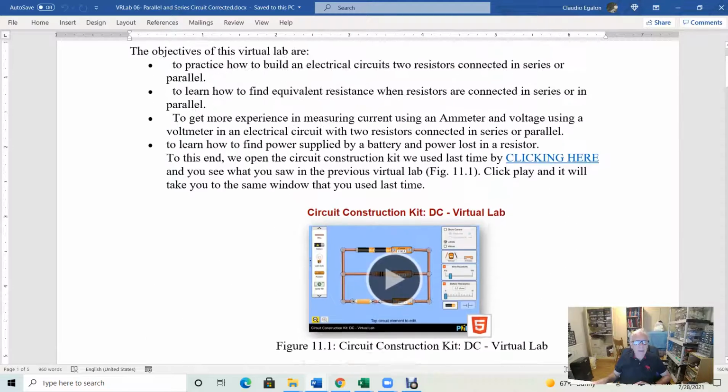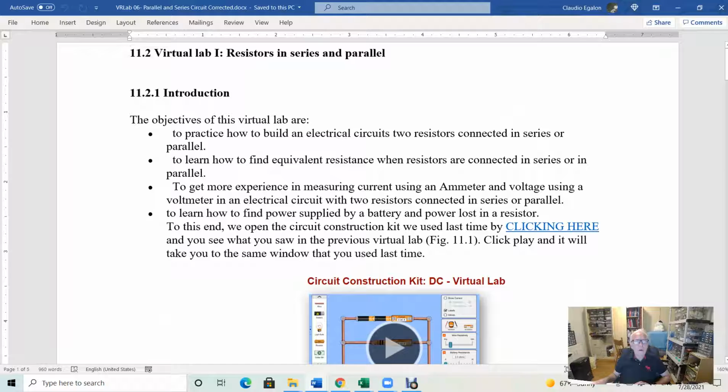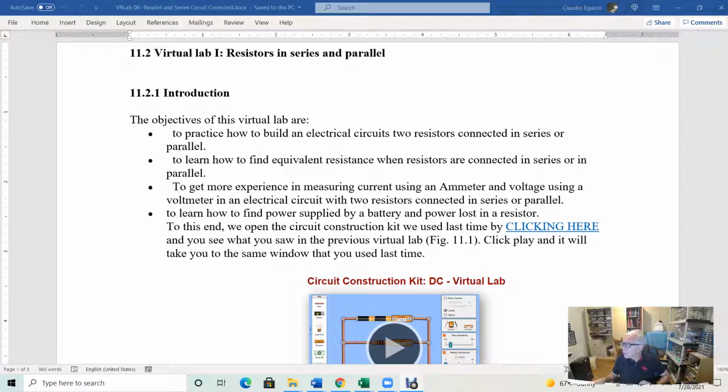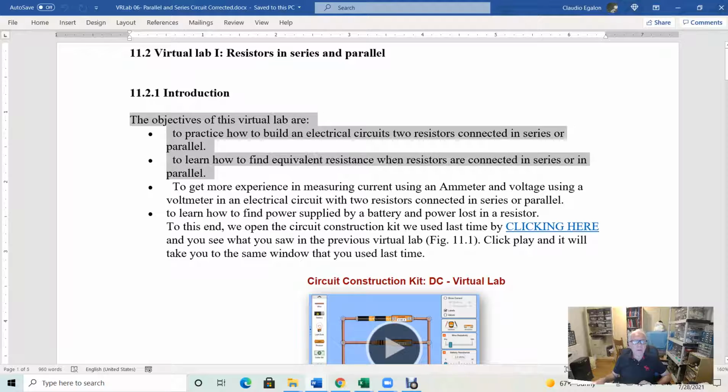You already know more or less what happens when we put a circuit together. So I'm going to make a demonstration of how to do that. Here you go. The objectives of this virtual lab are to practice how to build electric circuits with resistors connected in series or parallel.